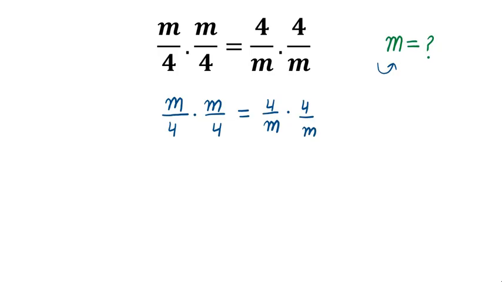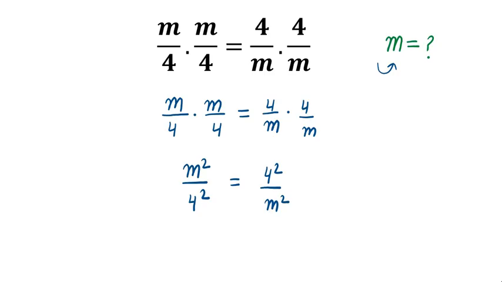In the numerator we have m times m, and we know that m times m is m square, divided by 4 times 4, which is 4 square, is equal to, on the right hand side, the numerator 4 times 4, which is 4 square, divided by m times m, which is m square.